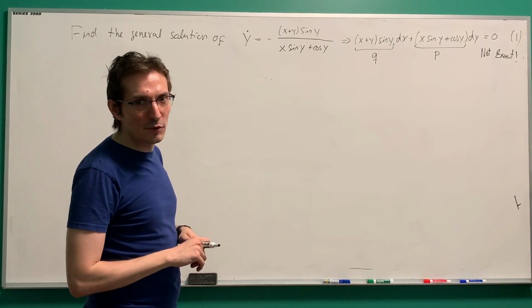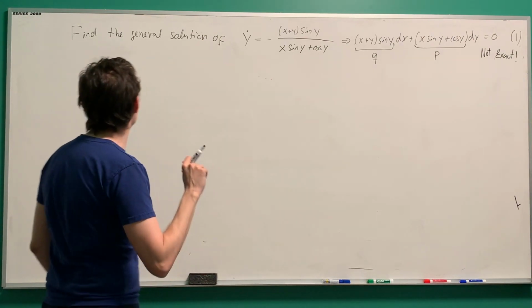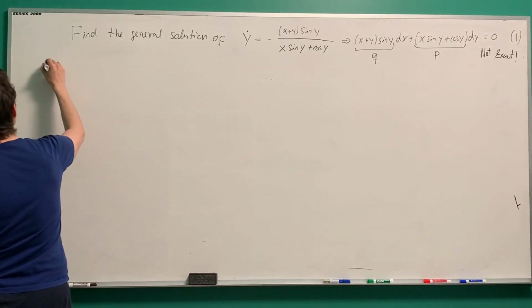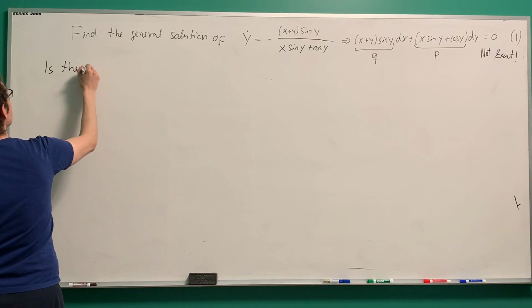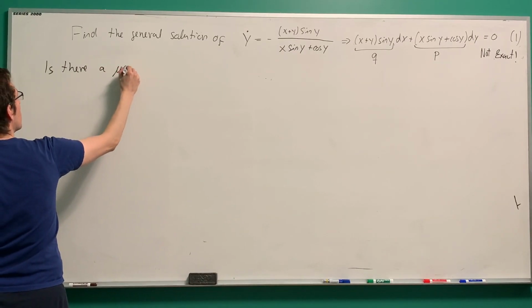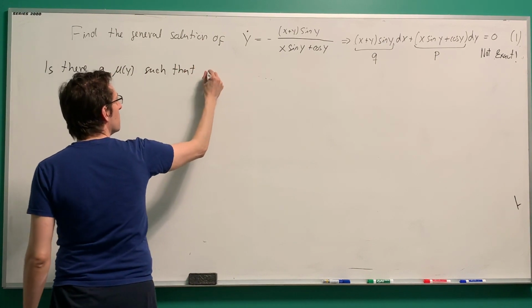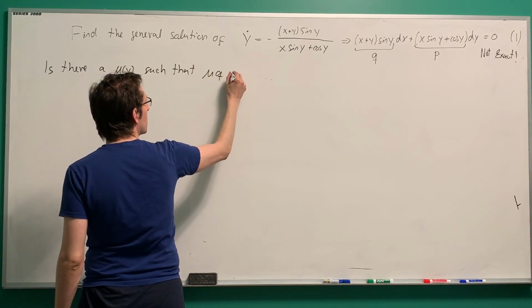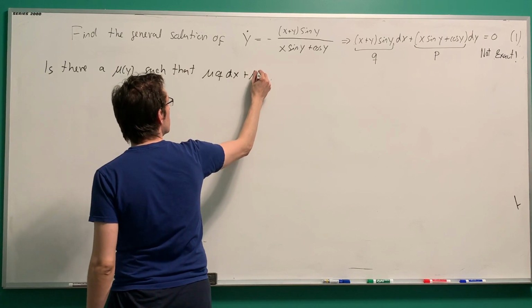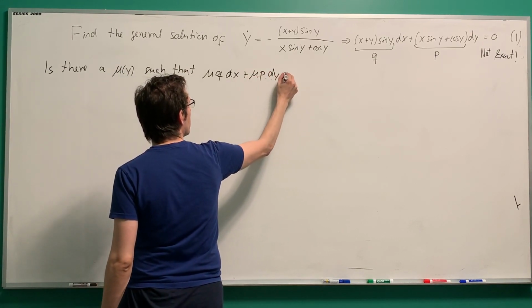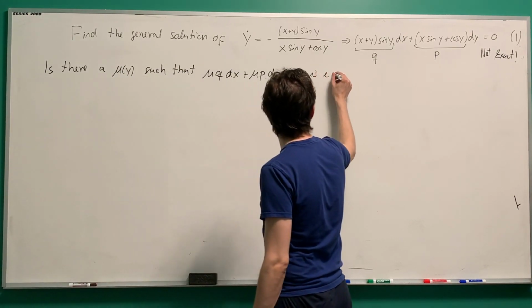Now, let's see what happens if we try to find an integrating factor that is only a function of y. So the question is: is there a mu of y such that mu q dx plus mu p dy equals 0 is exact?